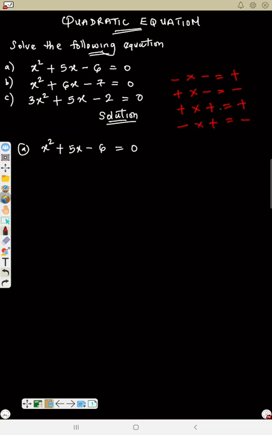You should remember this. If you look at it very well, you will see that plus times plus is plus, minus times minus is plus. That means the same sign, minus minus will give you plus, plus plus will give you plus, so that you can easily remember that way. But different sign: plus times minus will give you minus, minus times plus will give you minus. The same sign will give you plus. So now let's proceed.